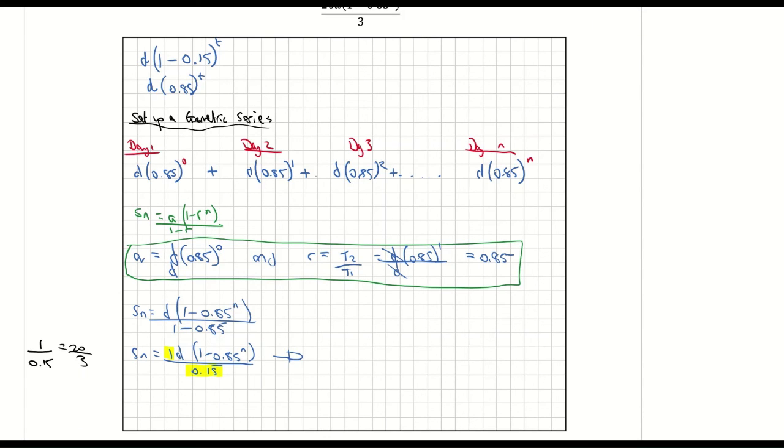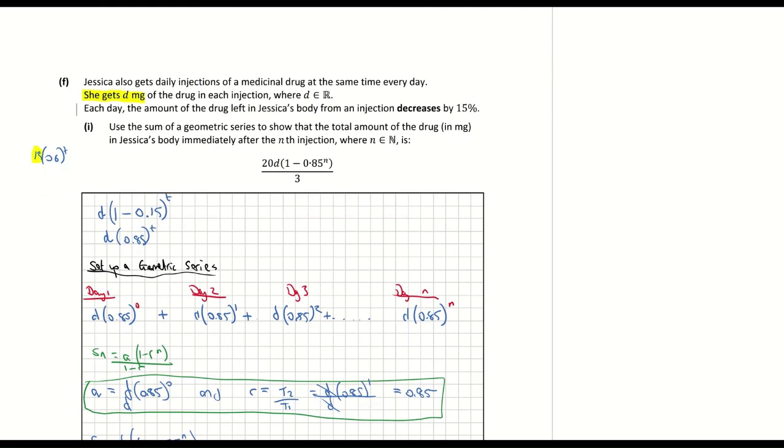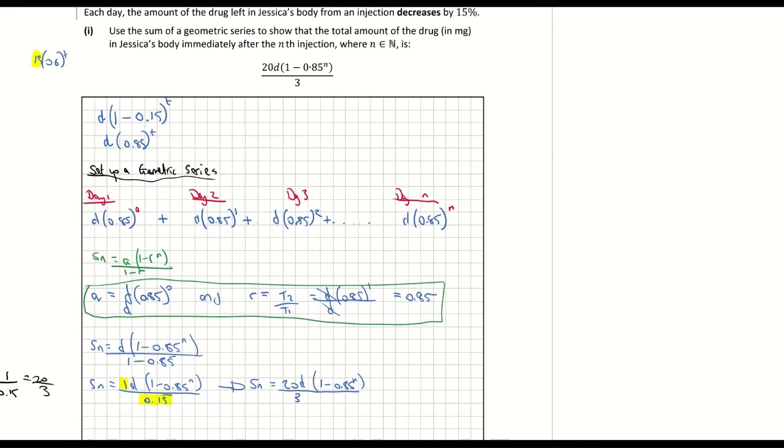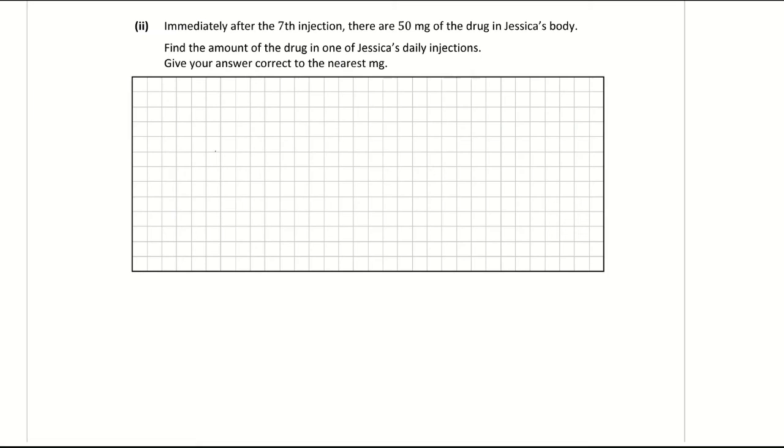So my final solution here is Sn is equal to, instead of 1, I'm calling it 20, and instead of 0.15, it's going to be 3, because that's an equivalent fraction. So it's 20d times 1 minus 0.85 to the power of n all over 3. And that's basically what they wanted us to show.